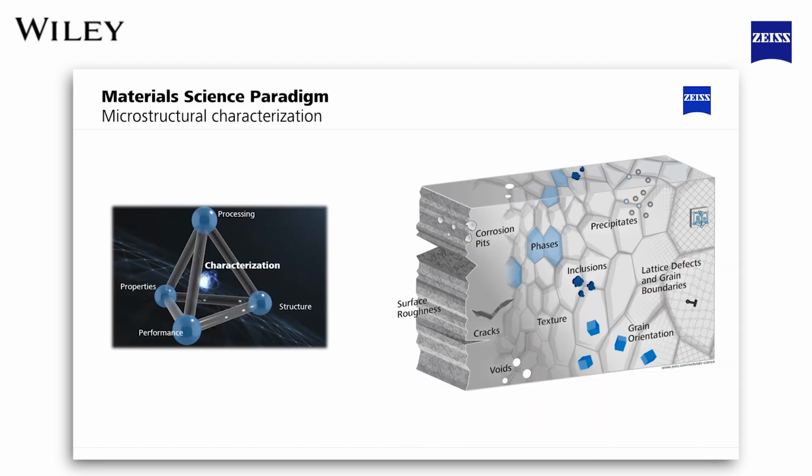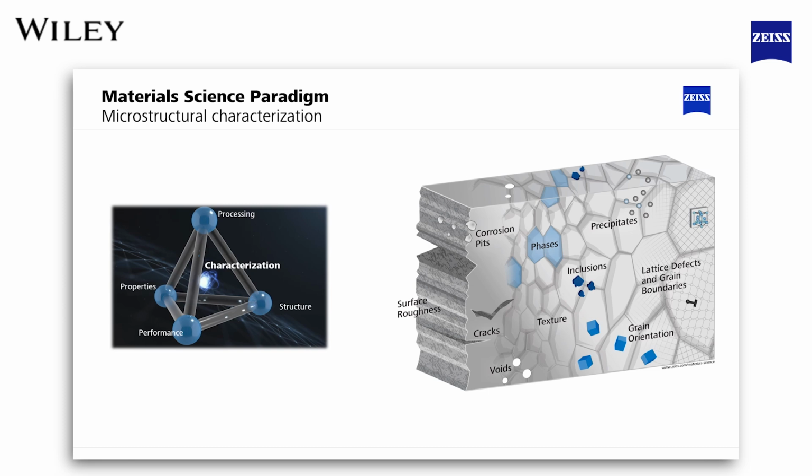Now, we all have either come across this famous tetrahedron, also known as the material science paradigm, or the material science tetrahedron. The idea is that a material's microstructure, its properties, performance, and processing are all connected. And at its core lies characterization that makes the link to all four of these points.